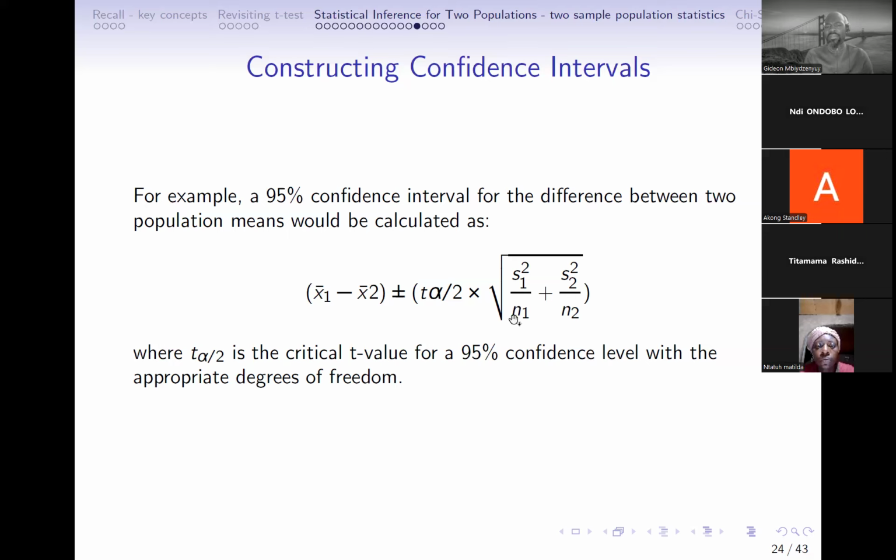So to calculate the 95% confidence interval, we use this kind of formula. I don't think they will ask you in the exams to calculate confidence intervals, but you can be asked to explain it, I think. In addition, you might want to calculate the confidence interval when you do your thesis.